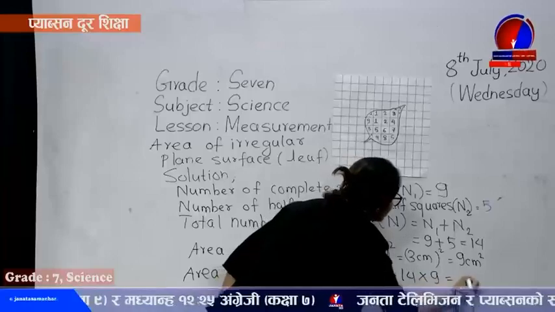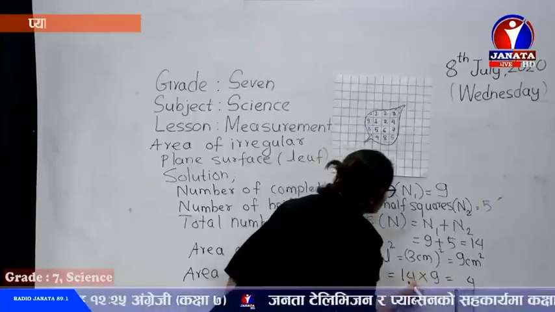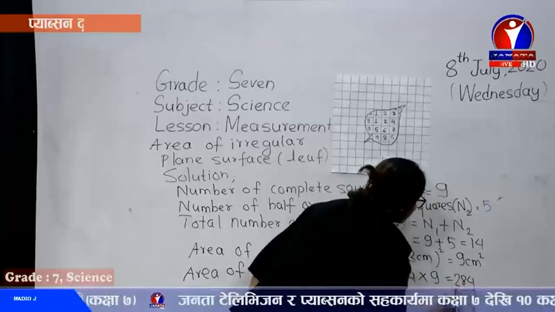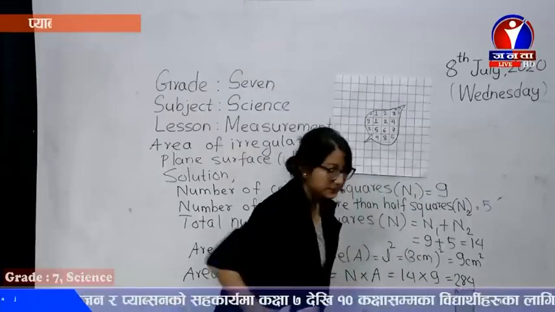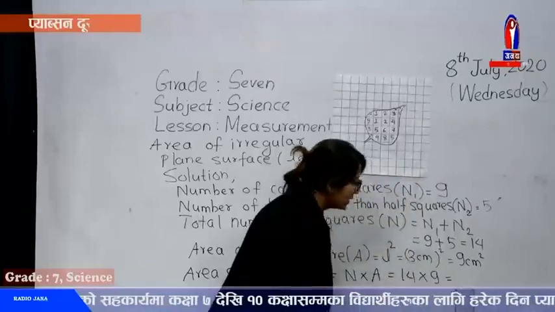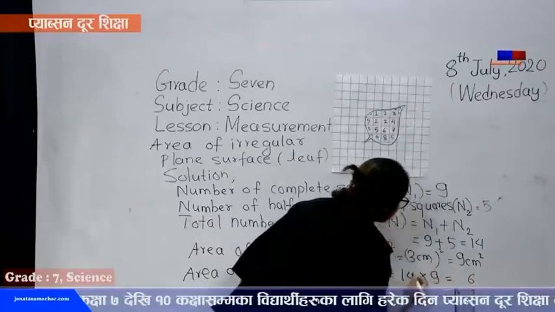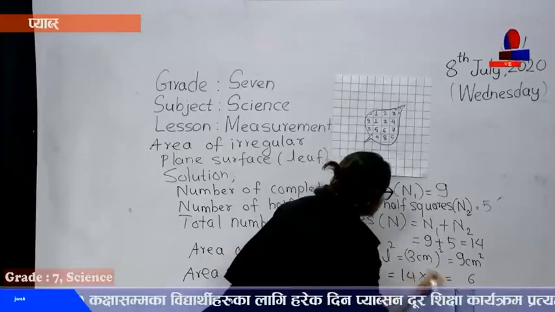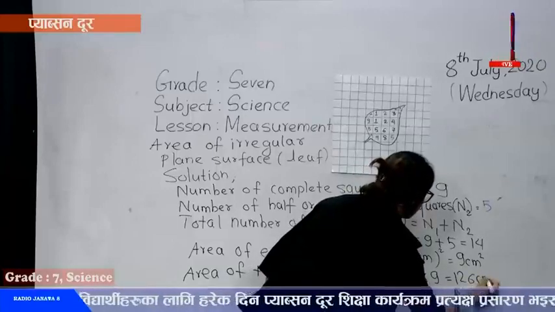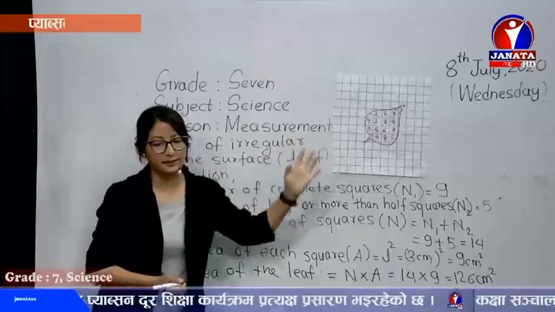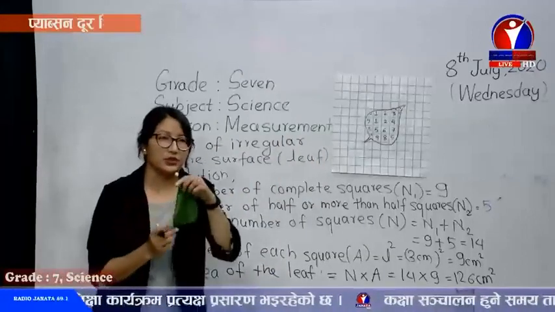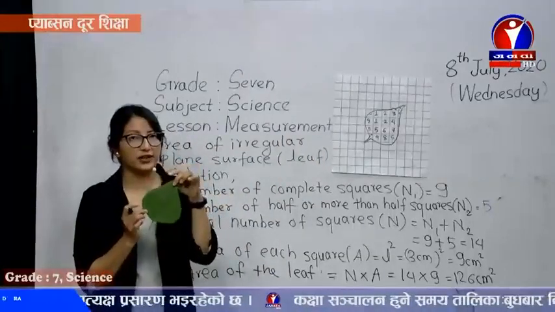So it's equal to, 9 4s are 36, 6 carry 3, 9 ones are 9, 10, 11, 12, so 126 centimeter square is the area of this plane surface of the leaf, area of the leaf.